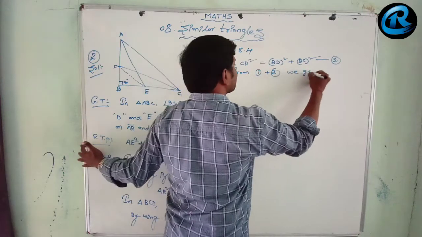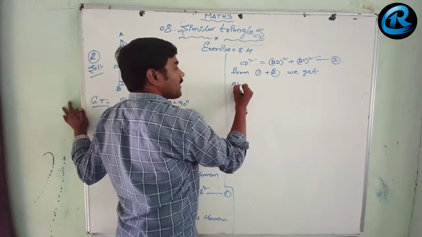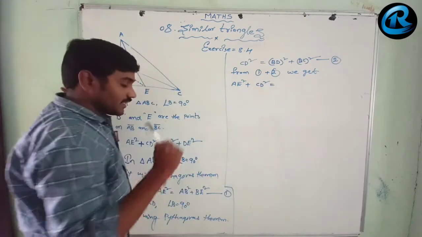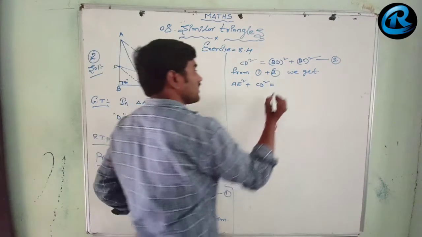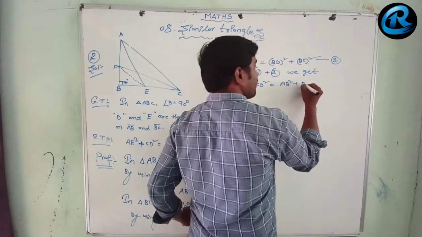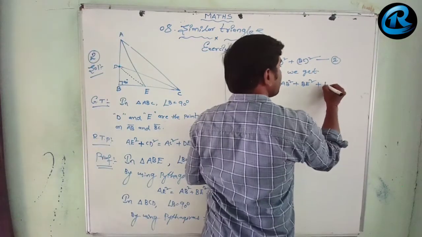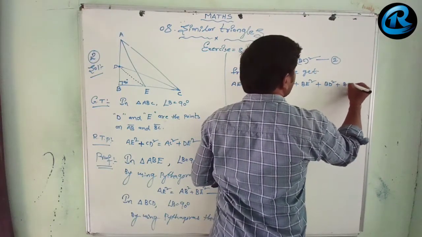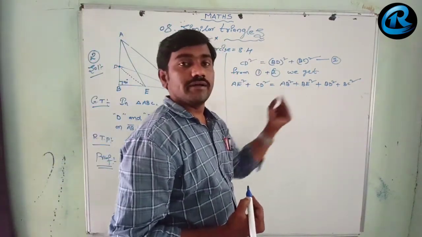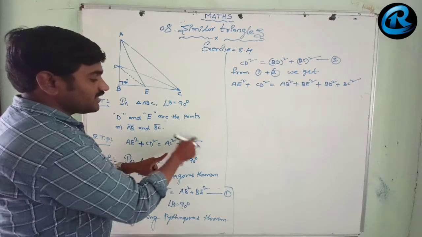Adding the LHS sides, AE square plus CD square, equal to the RHS sides, AB square plus BE square plus BD square plus BC square.